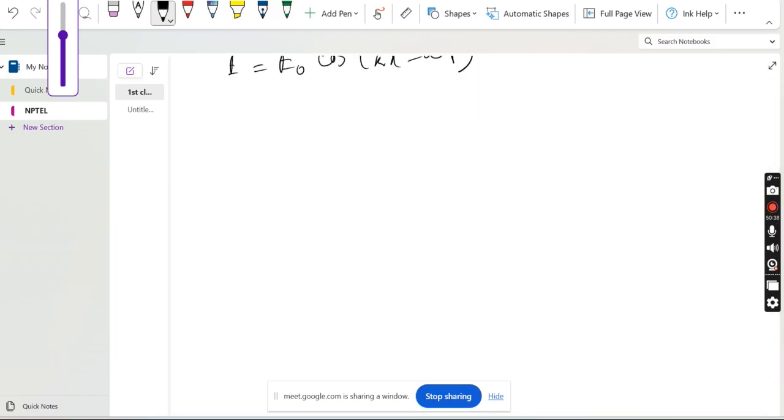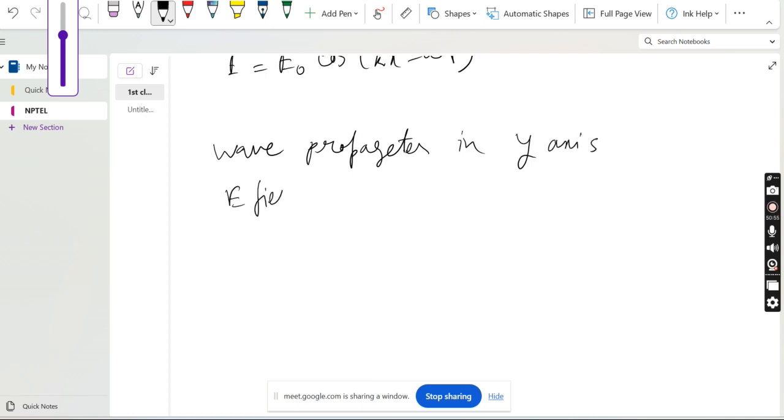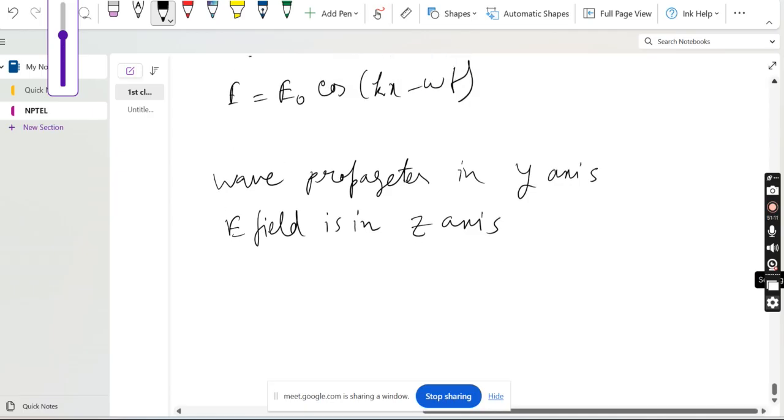And it is also given that electric field is in z-axis and the wave travels in the y-axis, so here it would be k, and this will be y.